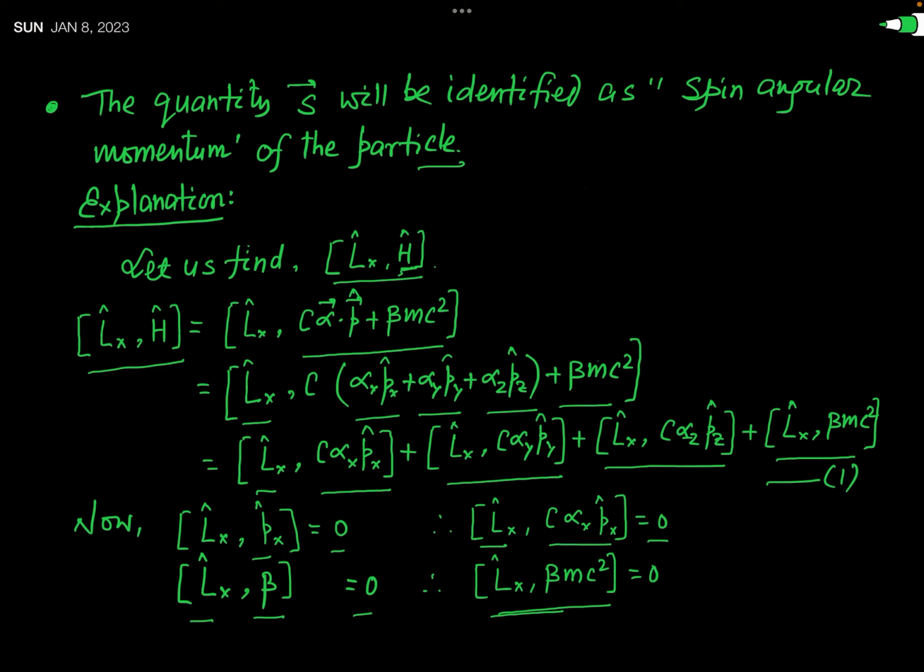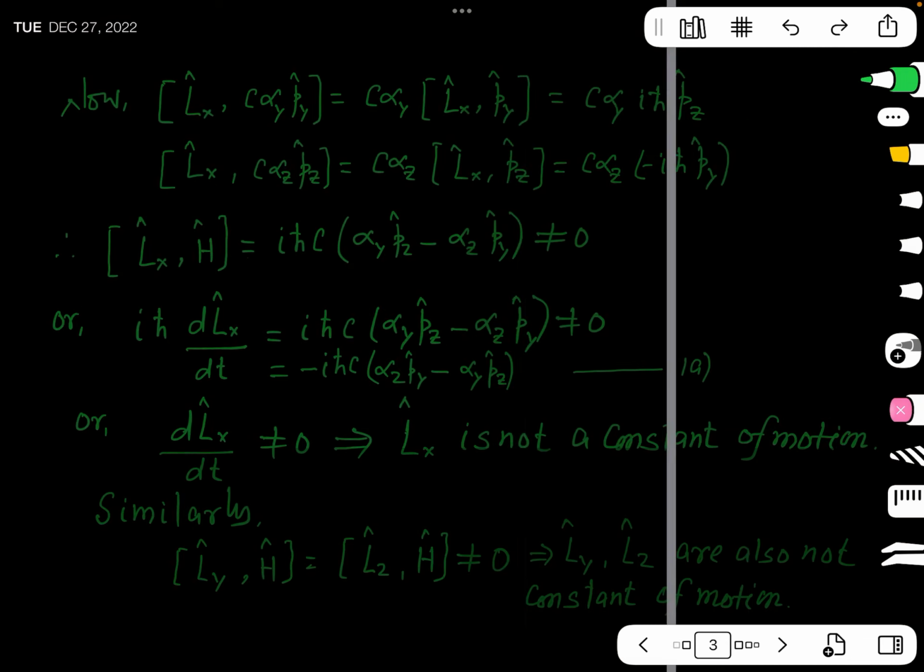So the first term in equation number 1 on the RHS and the last term both vanish. So the commutator of Lx hat with H hat will be simply equal to these two commutators, which I am just ticking here. Now we will find these two commutators to get the commutator of Lx hat with the Dirac Hamiltonian H hat.